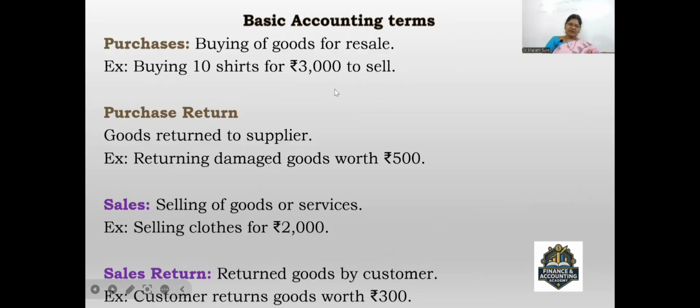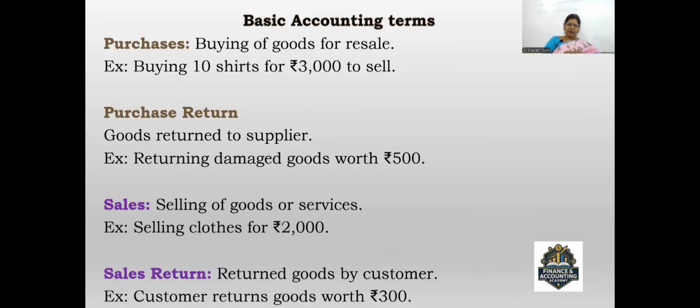Next, purchase returns. Here I purchased 10 shirts. After purchasing, I observed that out of these 10 shirts, 2 shirts are damaged, meaning the stitching is not proper or something. So I want to return them to my supplier.